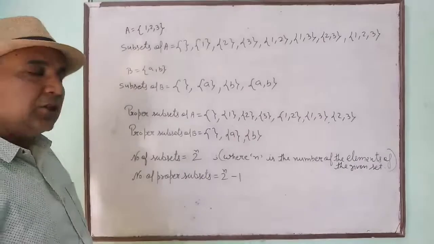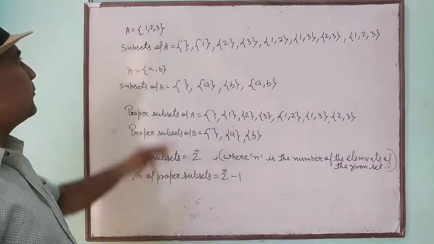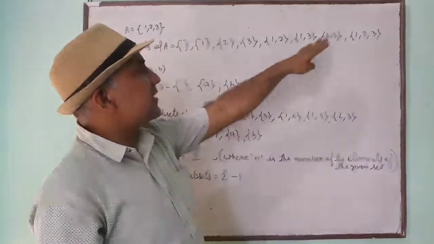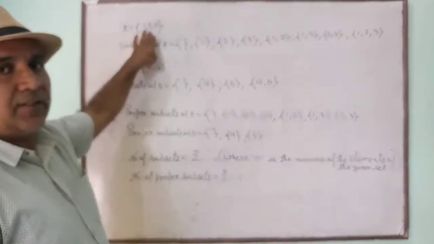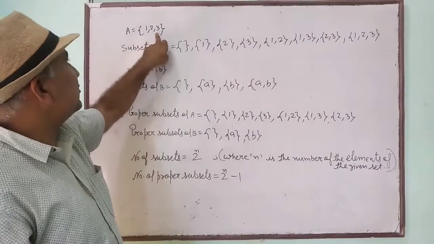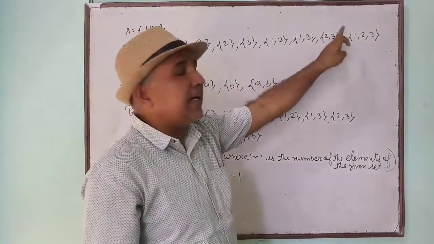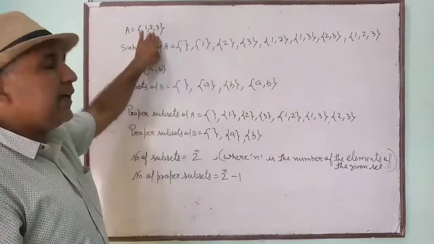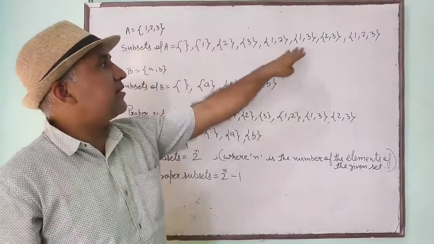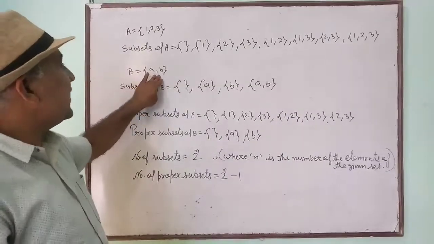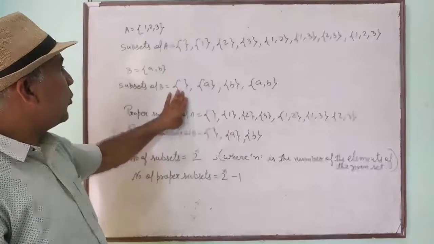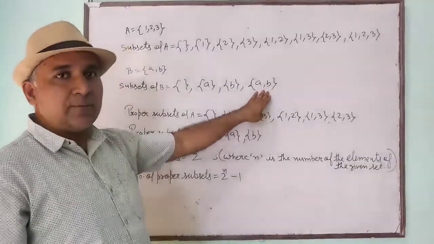Is this clear? Now see what is the noted point. How many subsets can be made from a given set? See here. If there are 3 elements, then 1, 2, 3, 4, 5, 6, 7, 8. If there are 3 elements, we can make 8 subsets. If there are 2 elements, then 1, 2, 3, 4 subsets.